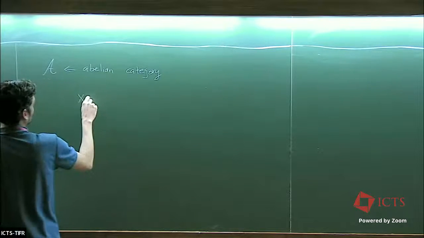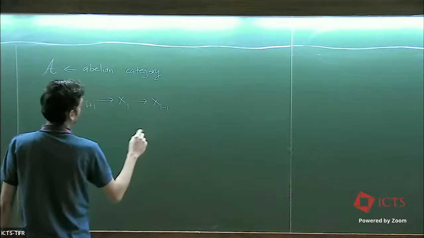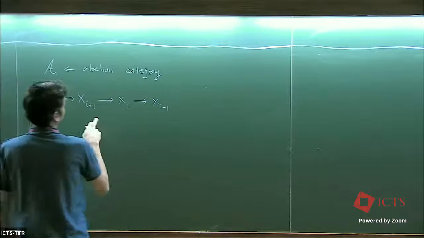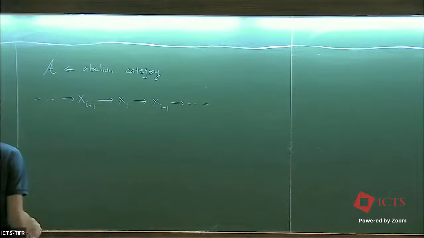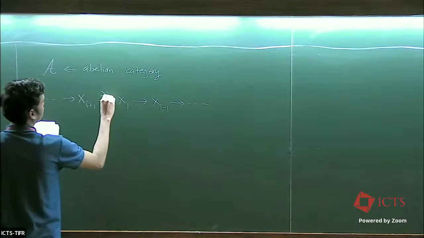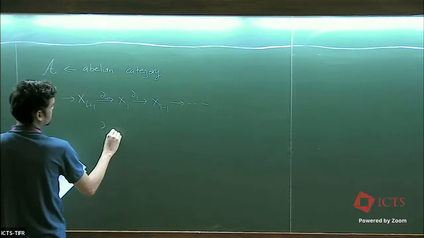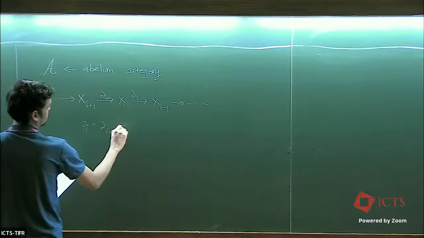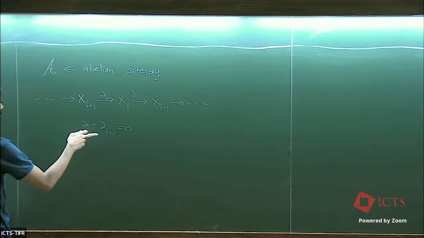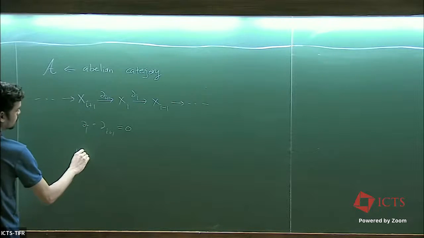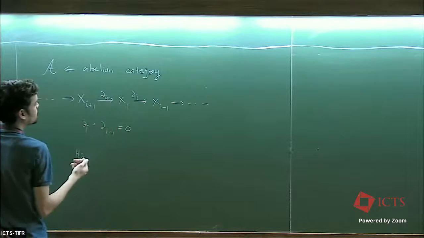This is the convention that I will follow, that the index goes on decreasing, and a complex is something that satisfies this. And so we can define the homology at this spot, which is nothing but the kernel of this map modulo the image of this map.